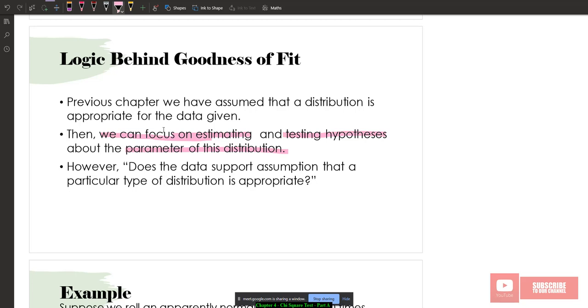However, the question is, does the data support the assumption that the particular type of distribution is appropriate? So we want to know whether the type of distribution we use in the hypothesis is appropriate for that statistical test or not. That's why we're going to derive and test the goodness of fit.